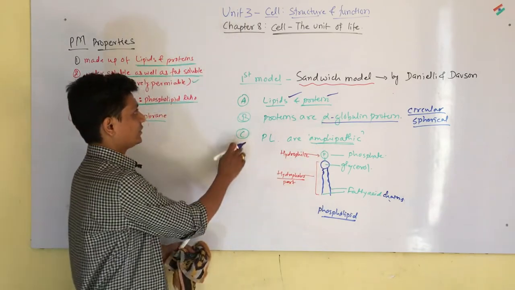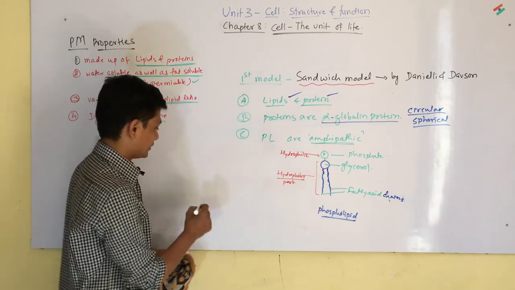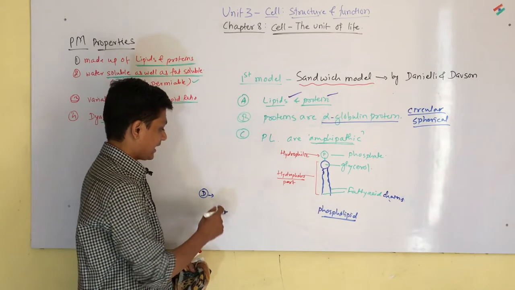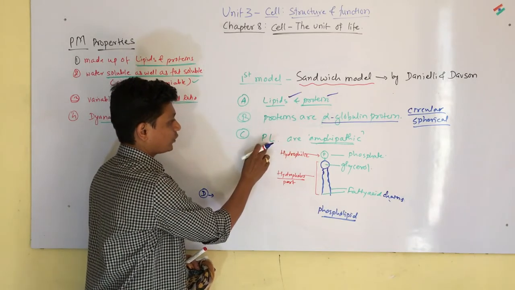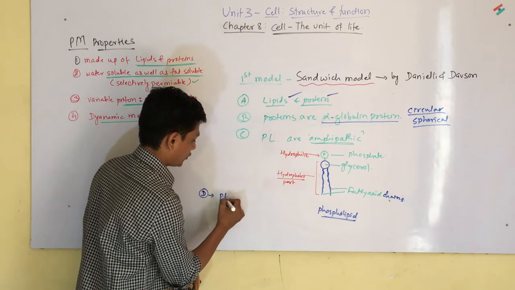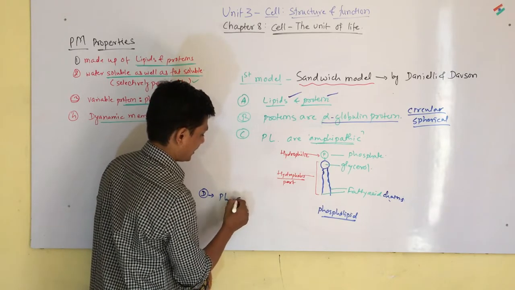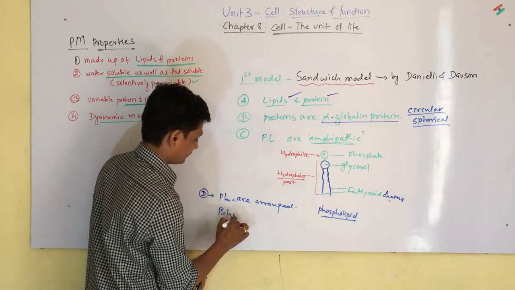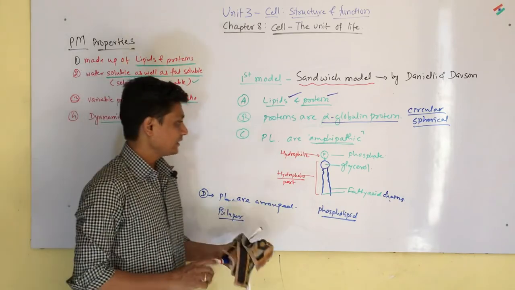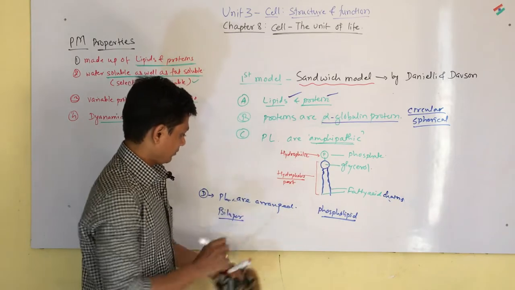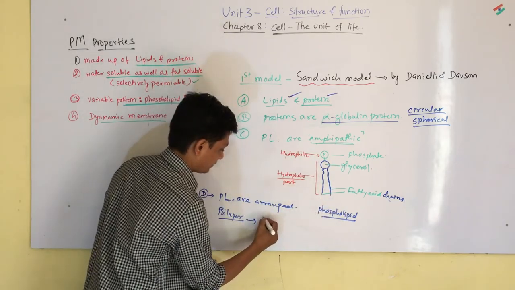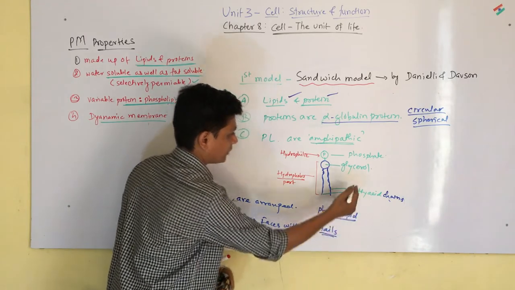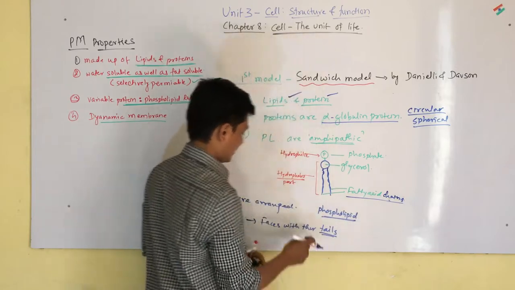The fourth point explained by Danielli and Davson about the sandwich model is that phospholipids are arranged in a bilayer, and the position is such that each phospholipid faces with its tail, and we know the tails are made up of fatty acid chains.